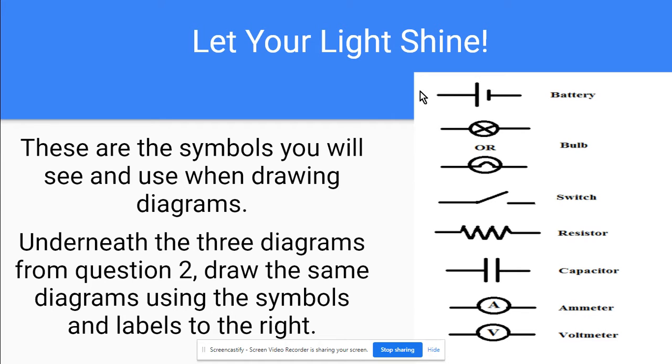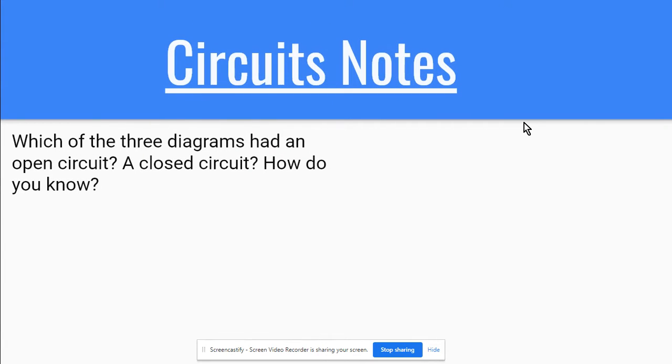So you will have a battery, you would draw two lines to connect it to the bulb, so it looks like a rectangle or a square. And then you're going to label your battery, your wires, and your bulb.